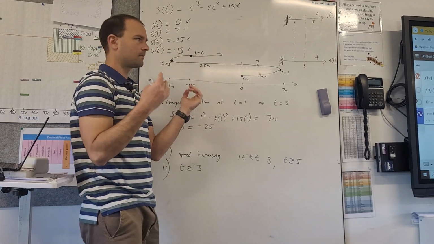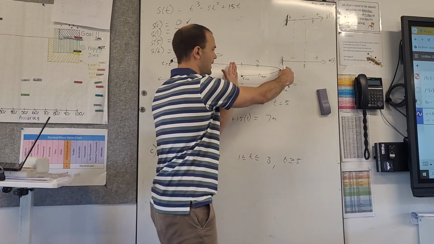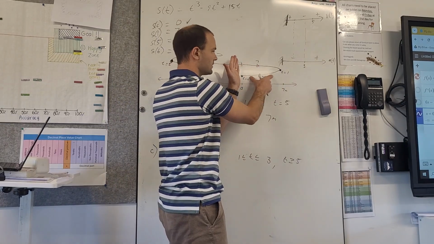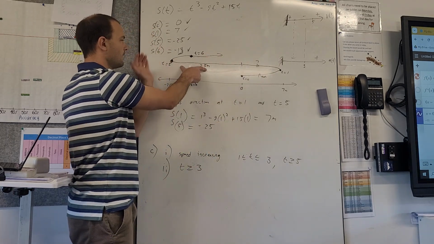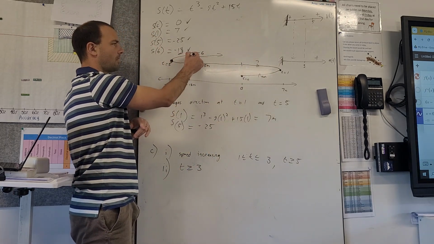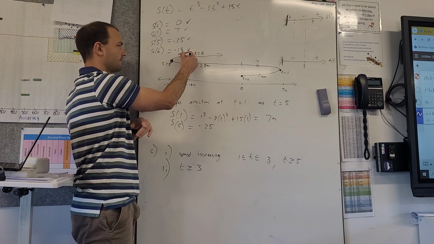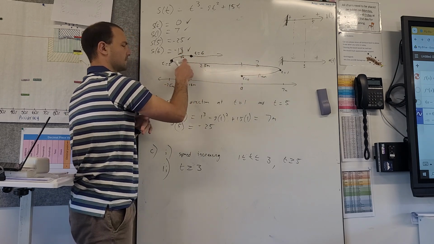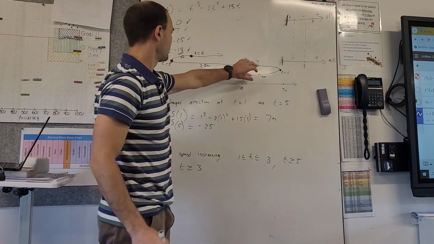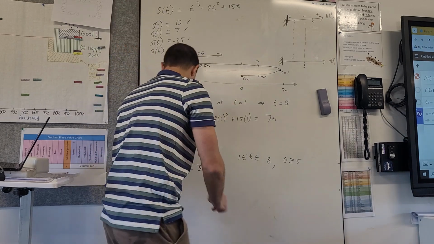So how far has it traveled so far? Well, it went 7 that way, and then 7 back that way, plus this 25. And then it's gone from minus 25 to minus 18. That's another 7 in there. So we've got 7 plus 7 plus 25 plus 7. So what's that? 14, 21, 46.